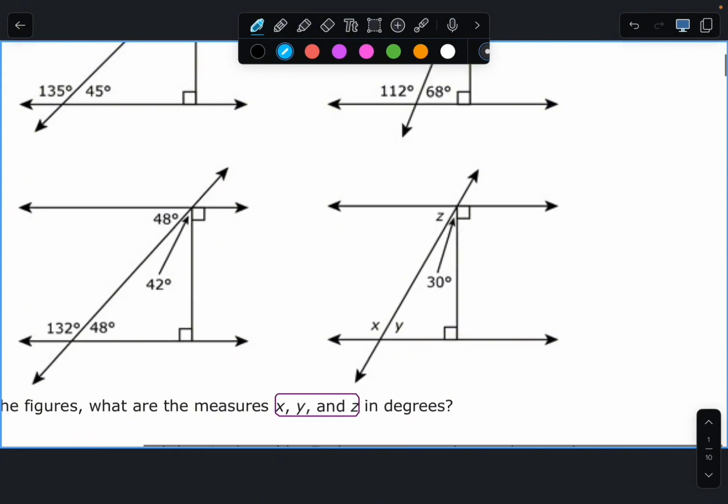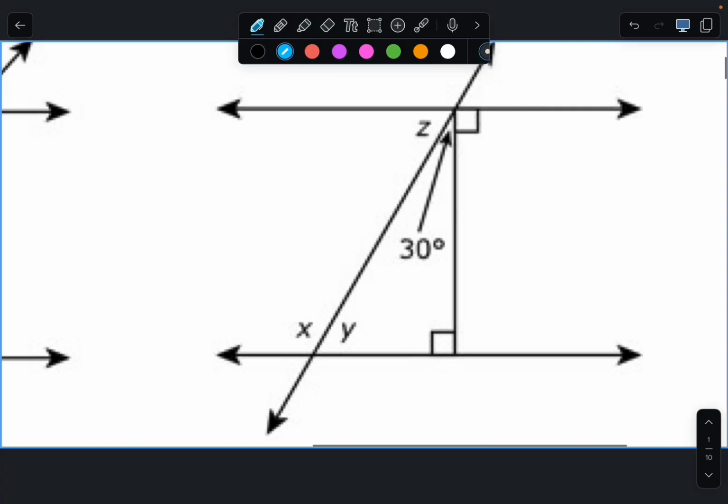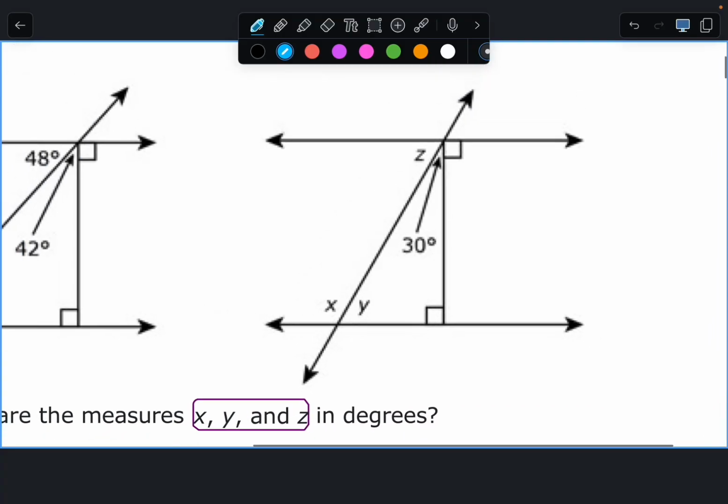So if you look at this very first question, where would you start? Y. Okay, how do you find Y? Y is one of the inside angles of a triangle, and we have two of them. We have this one, and technically we have this one because this one is 90 degrees.